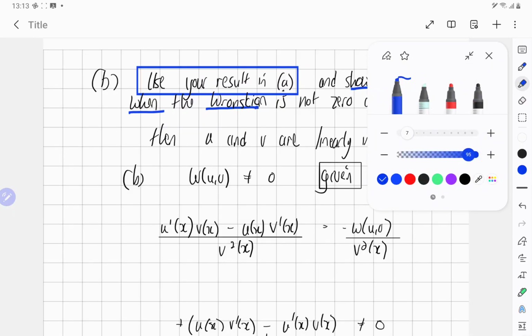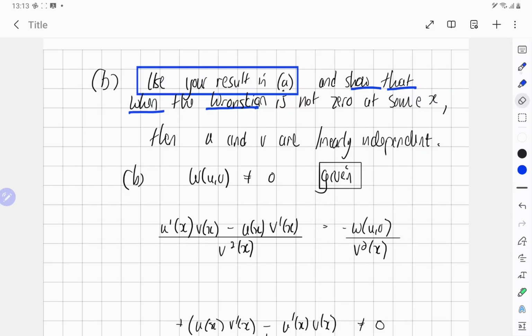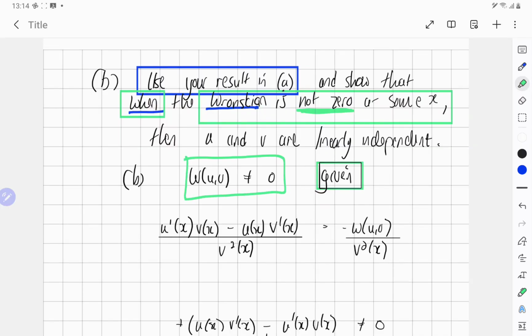Now remember what I always say: what is the given part? Let's change the given part to green. What is given? They say the Wronskian at some x is not zero. So the given part is that the Wronskian is not zero.